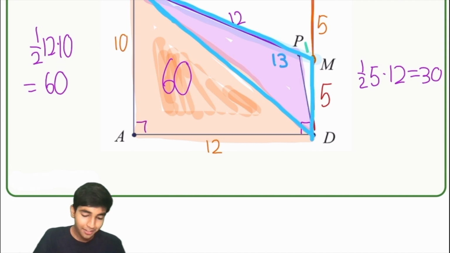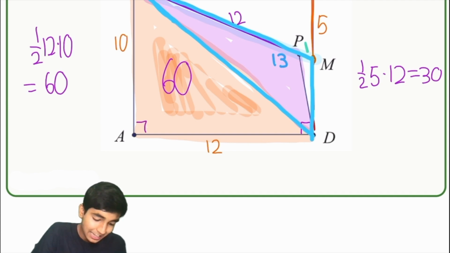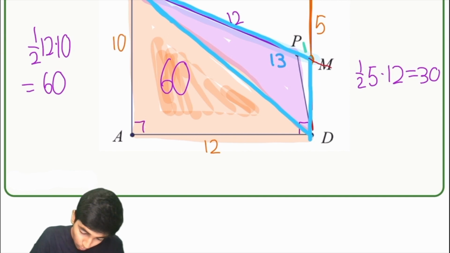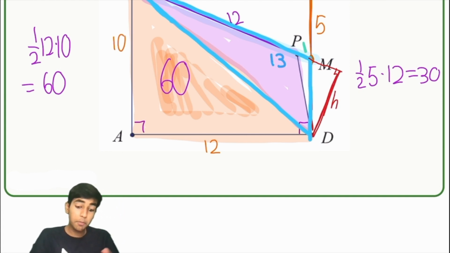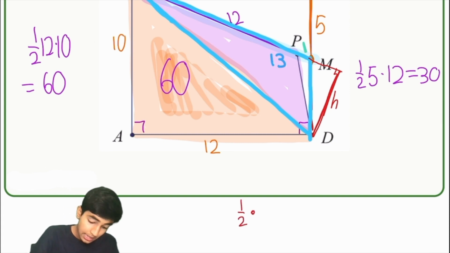But notice here, they actually both share the same height. Remember, height is where a 90-degree angle has to form. So this over here will be the height. Now the area of the blue triangle in terms of h is half times base.